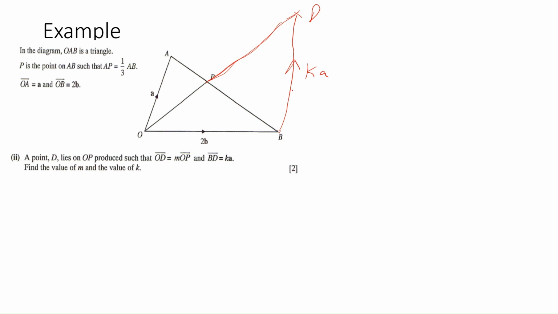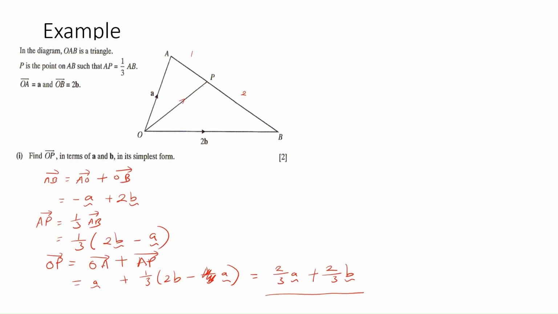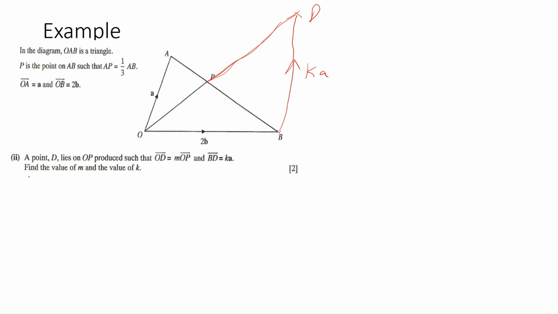Fine, fair enough. Now, I need my OP. I forgot what my OP is. I need to go back and read it. My OP is 2/3 A plus 2/3 B. Let me just write it down first.